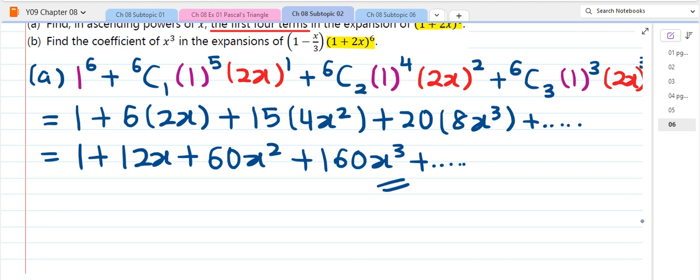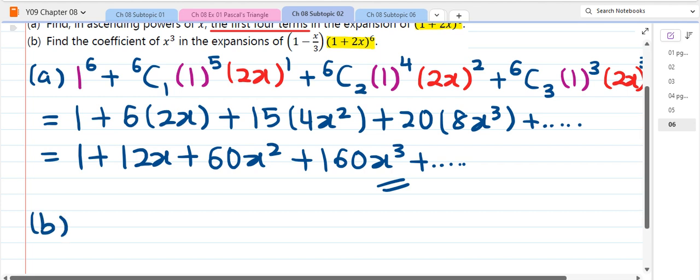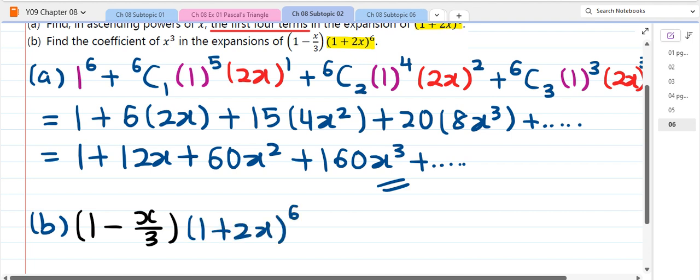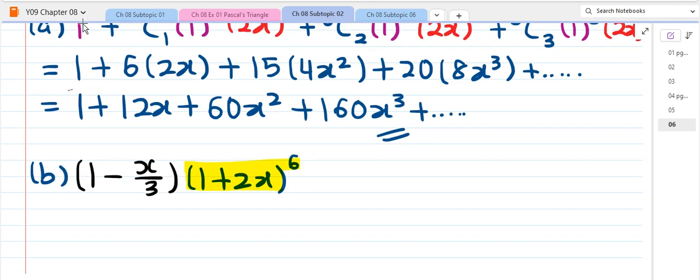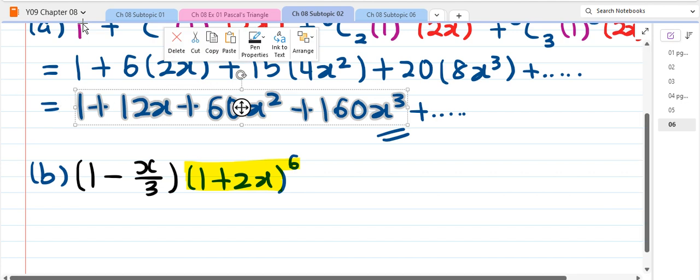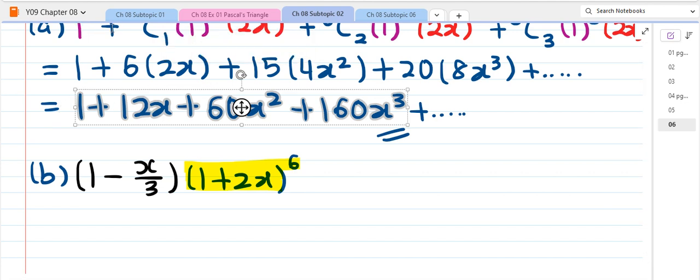For part B, it is regarding the expansion of (1 minus x) to the power of 3 and also (1 plus 2x) to the power of 6. Here, (1 plus 2x) to the power of 6 is from your previous part of the question, which is 1 plus 12x plus 60x squared plus 160x cubed. So you just have to copy down this one here.